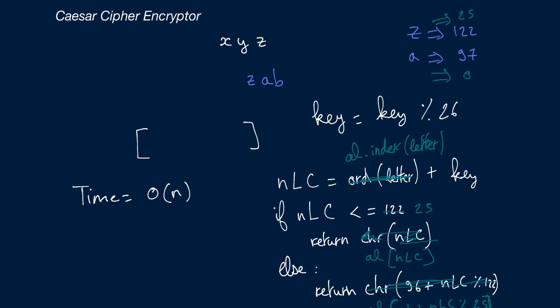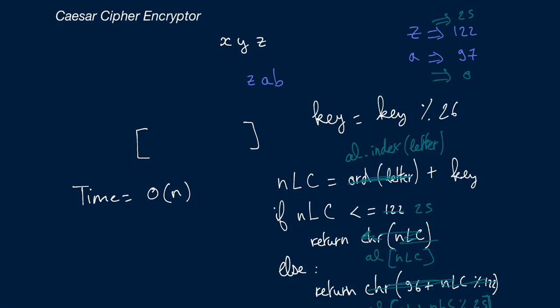O of 26, which goes down to O of 1. But if you were dealing with a greater alphabet, maybe an alphabet of length m, well then this would actually be an O of m time operation. So that is something that's important to notice, and it's important to bring up in your interview.